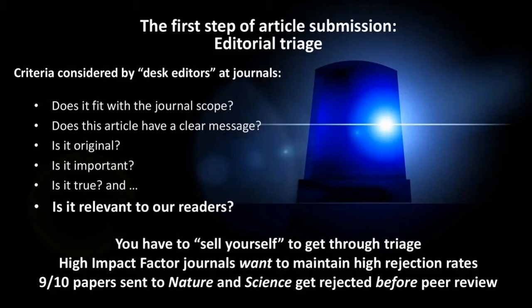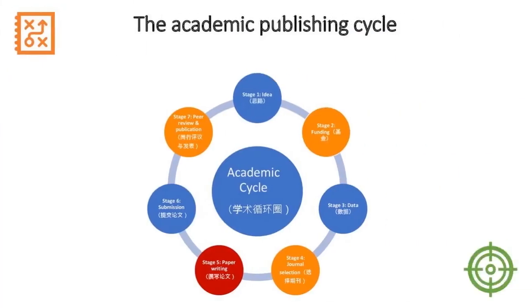And so this is the first step really of the submission communication process that authors go through. So as we move around that academic publishing cycle, you've come up with your idea. You've hopefully won lots of funding for that idea. You've collected your data. You've selected your journal, as we've already discussed in this webinar. And now you're getting into the writing and submission stage of the process.